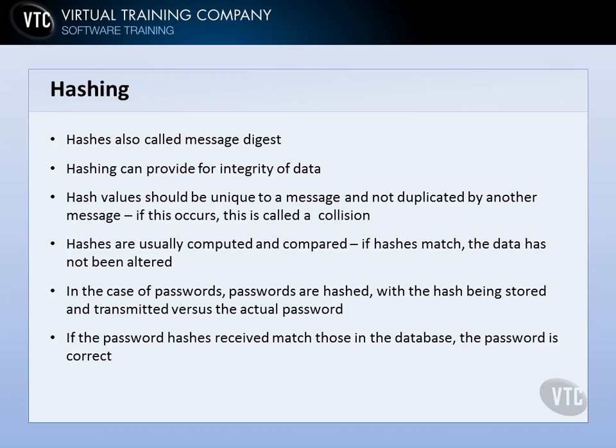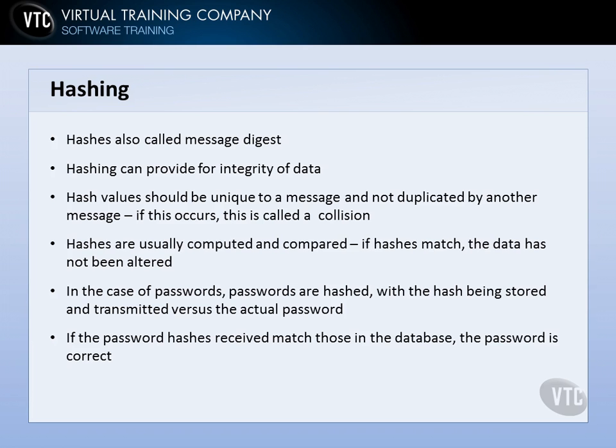Now, what we don't do is we don't decrypt hashes. So what do we do with them? Well, we could take a hash produced by running an algorithm on a password, for example, and then we might take that hash and send it across the network. Now, a hash is also stored in a database, say Active Directory, for example.